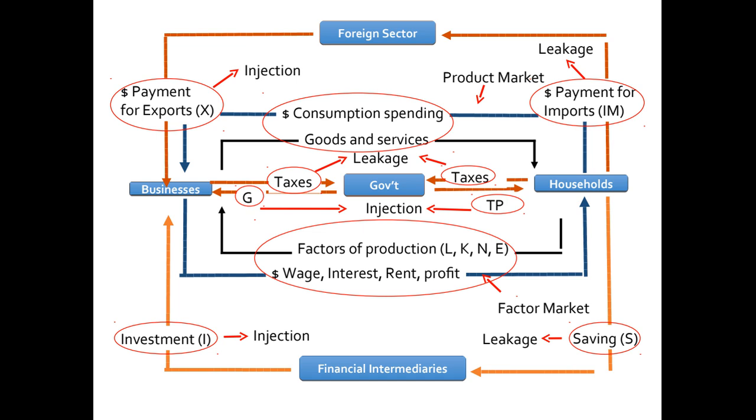Now, if leakages and injections are equal, that is the meaning of equilibrium. If they are not matched, then we have a problem in the economy. Let me first discuss this problem.